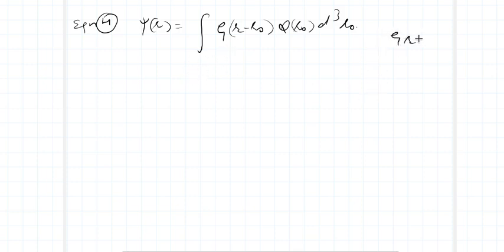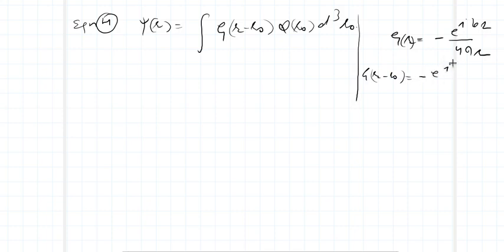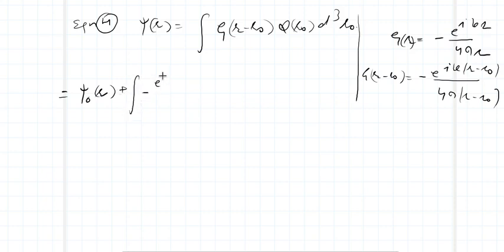As I have defined G(r) as minus e raised to power iota kr over 4 pi r, therefore G(r minus r naught) can be written as minus e raised to power iota k mod r minus r naught, upon 4 pi mod r minus r naught.